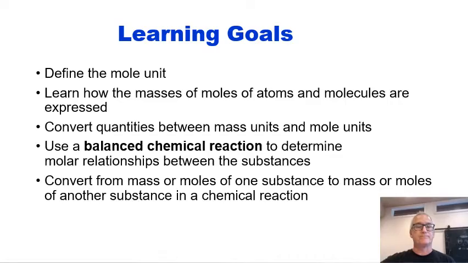Okay, so we're going to define the mole. I think you pretty much know what that is already, but we're going to learn to use it in balanced chemical reactions. We really haven't done a whole lot about balancing chemical reactions, and this is probably, again, one of the most important things we're going to be dealing with.